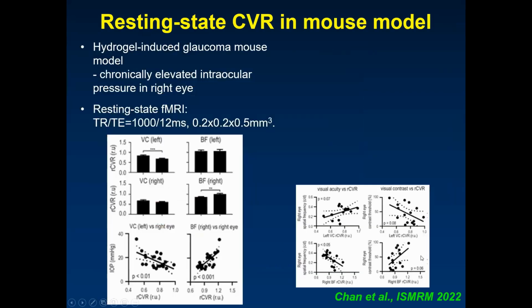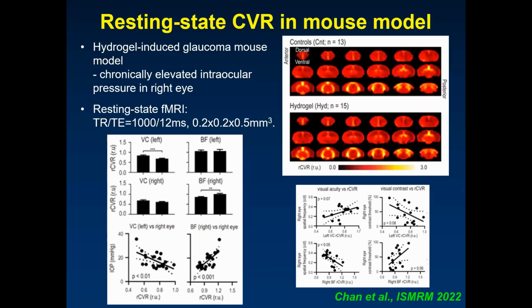And then they did another study in a mouse model. In this hydrogel-induced glaucoma mouse model, they obtained resting state CVR maps in both controls and glaucoma mice. These mice had a right eye injection of the hydrogel to elevate their intraocular pressure.